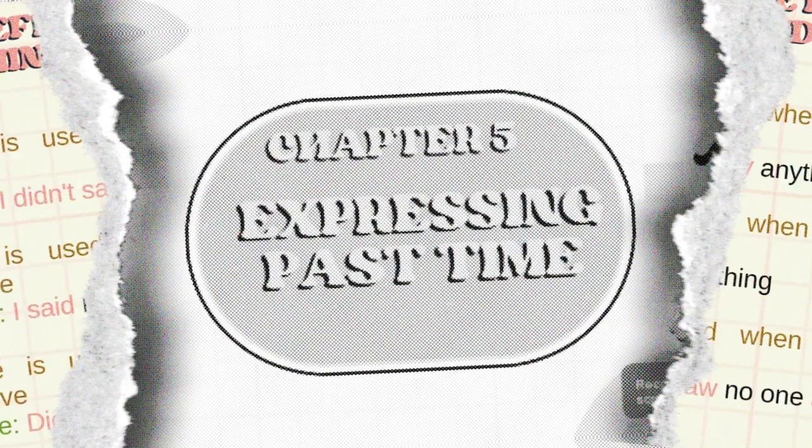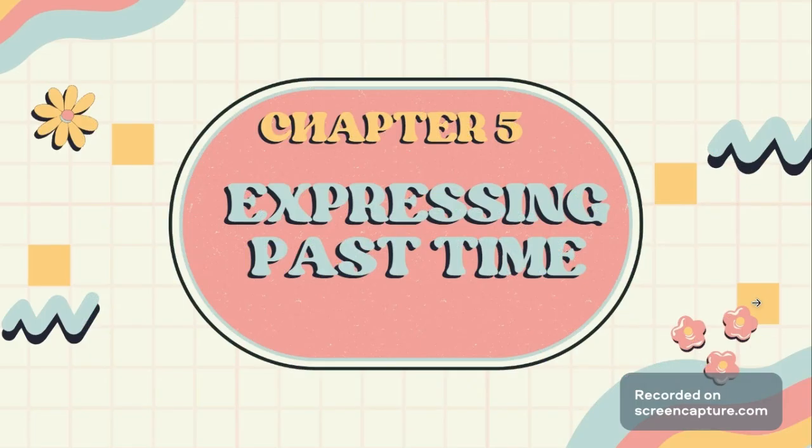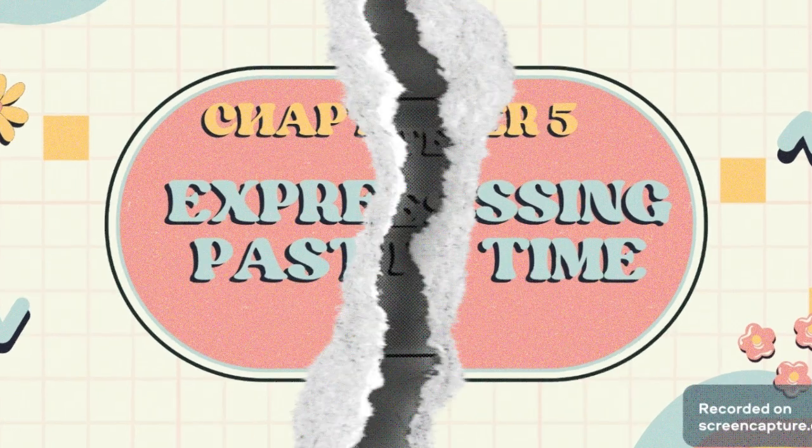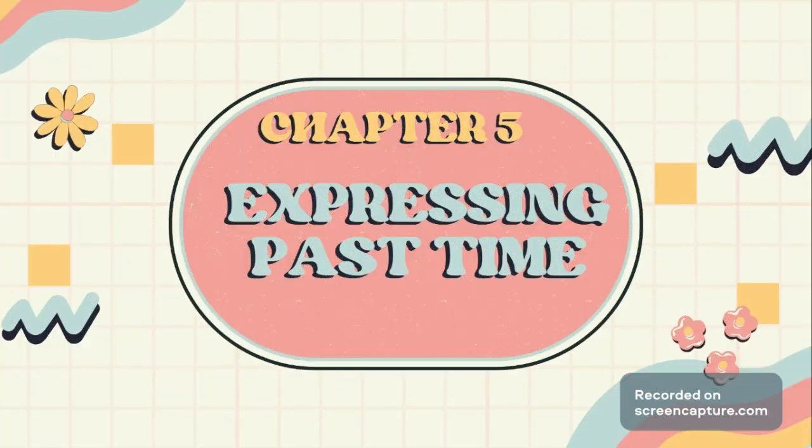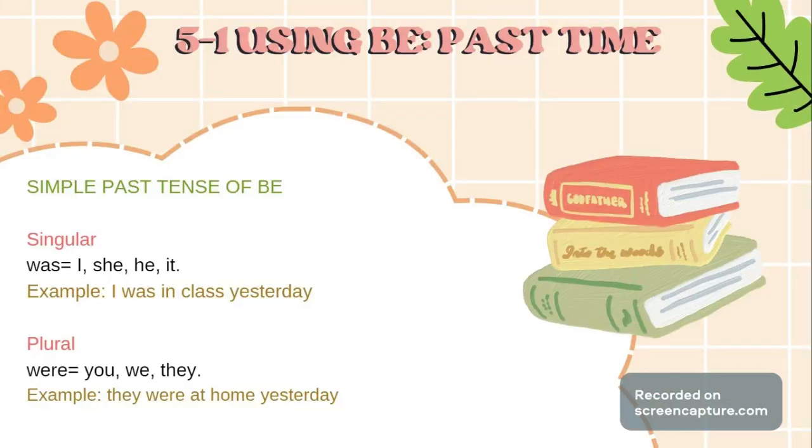And next, we have chapter 5: expressing past time. So, using be, past time. Simple past tense of be, singular: I, she, he, it.